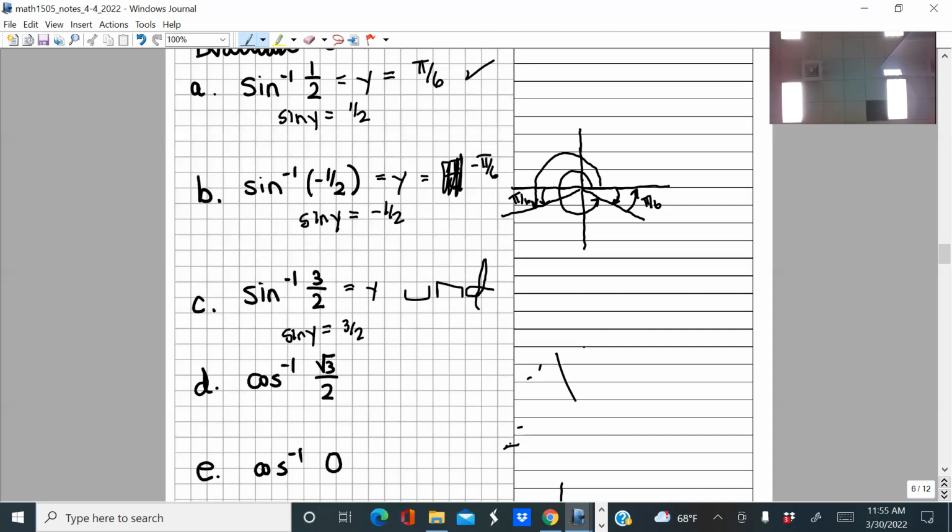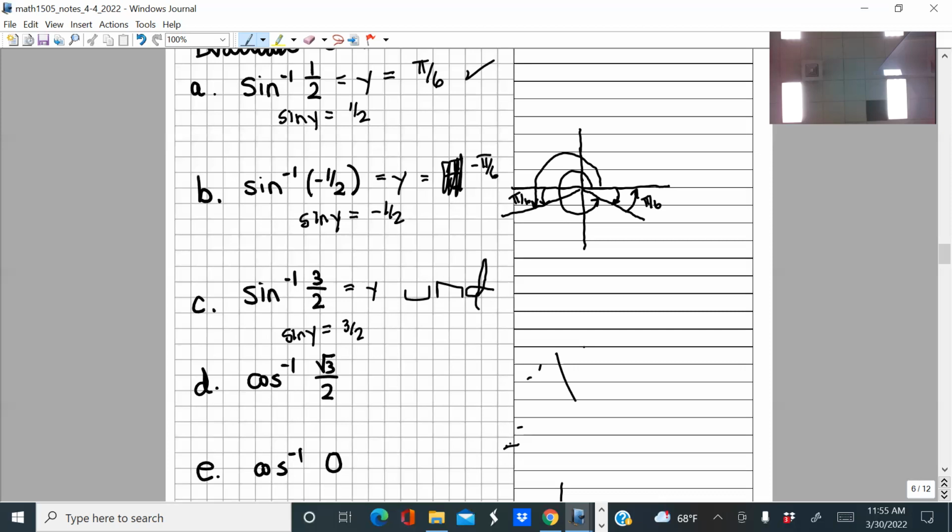The answer you want is what angle has cosine 0? Then you just have to recall this. It's not 0 because cosine of 0 is 1, so you know the answer isn't 1 there. So what is it? Pi over 2. Again, temporarily call that answer y.